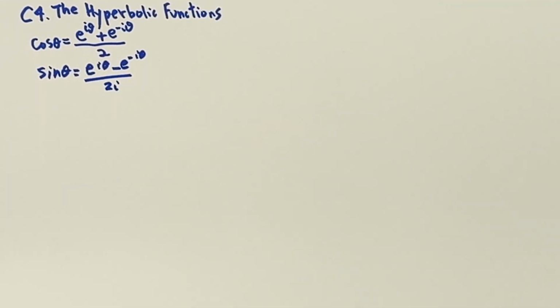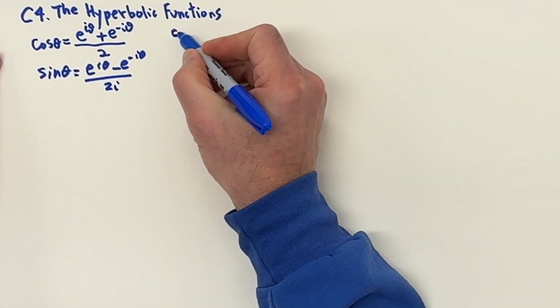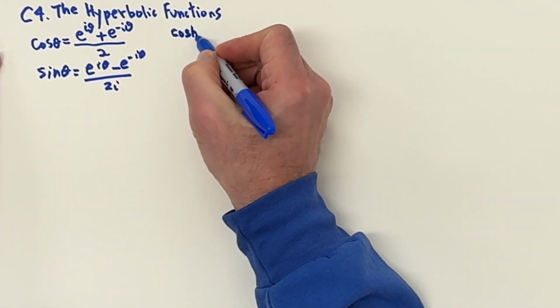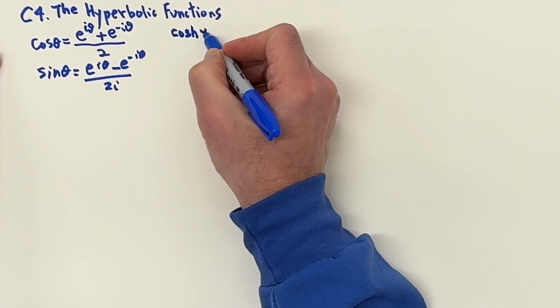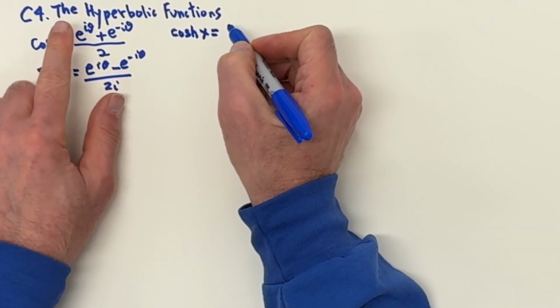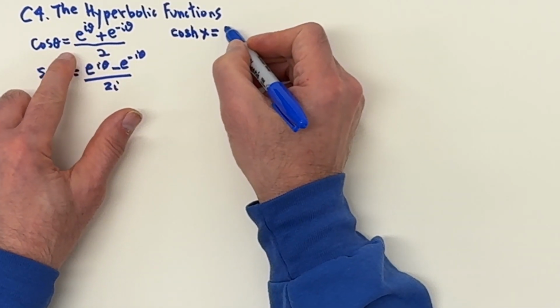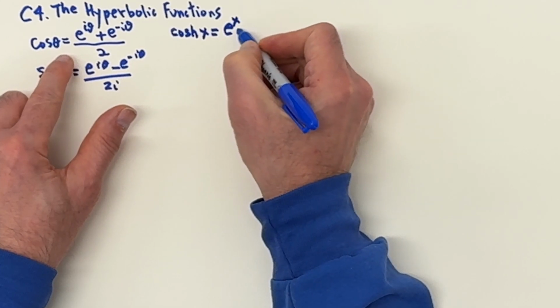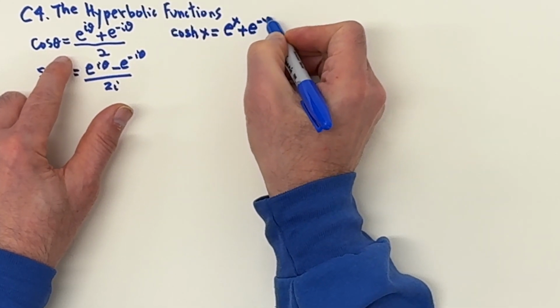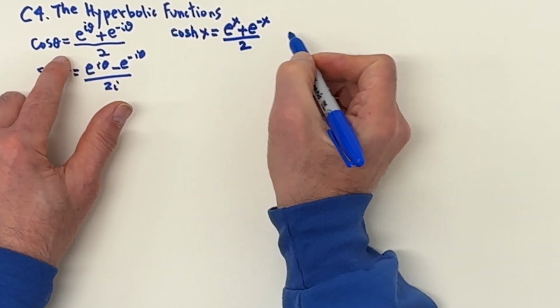Now, these equations inspire us to consider a new function called hyperbolic cosine, or cosh, of x. We are going to replace the i theta with x: e to the x plus e to the minus x over 2.